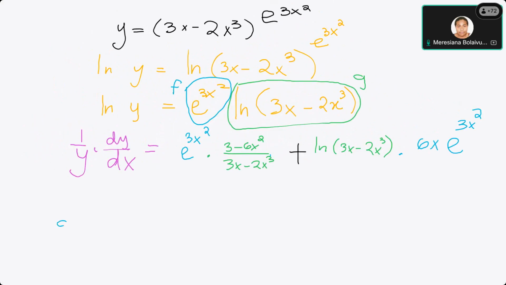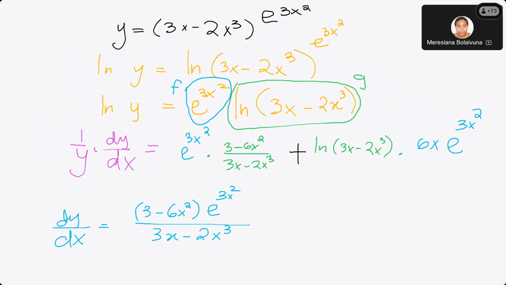So dy dx is equal to 3 minus 6x squared e to the power of 3x squared over 3x minus 2x cubed. Any questions here? Does anyone have any question?